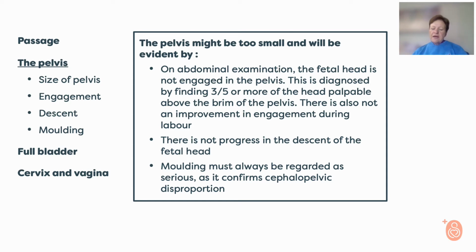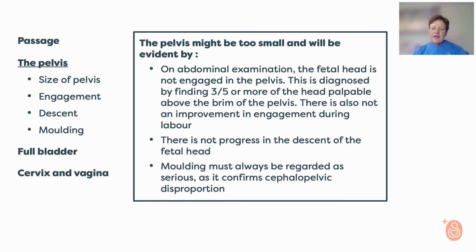When on abdominal examination the fetal head is not engaged in the pelvis or is not engaging further in the pelvis. For example, if we find that 3/5 of the fetal head or more is above the brim of the pelvis, that might be an indication that there is CPD, or cephalic pelvic disproportion.